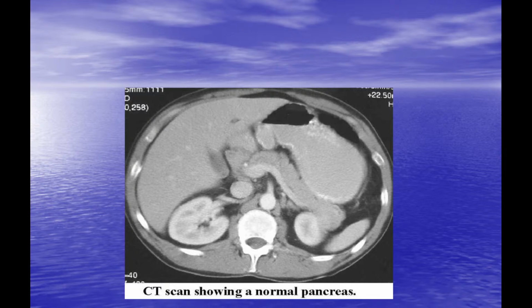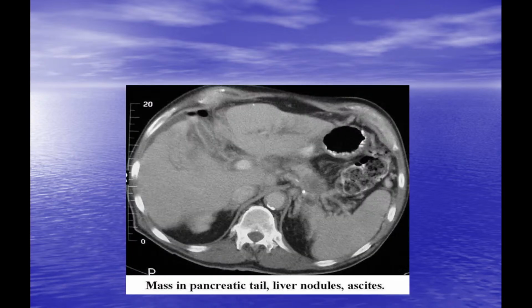Normal pancreas. Mass in the pancreatic tail and liver nodes.